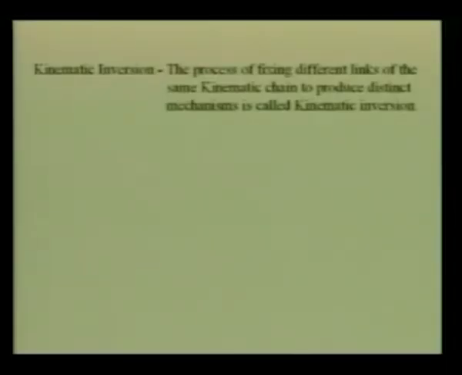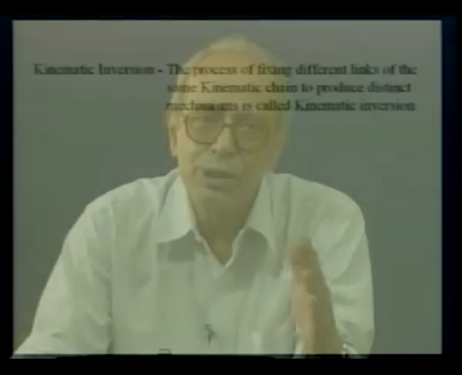We have already defined a mechanism as a closed kinematic chain with one of its links fixed, and kinematic inversion means the process of fixing different links of the same kinematic chain to produce distinct mechanisms. A mechanism is a closed kinematic chain with one of its links fixed, but I can fix any link at a time. So, from the same chain we get a different mechanism.